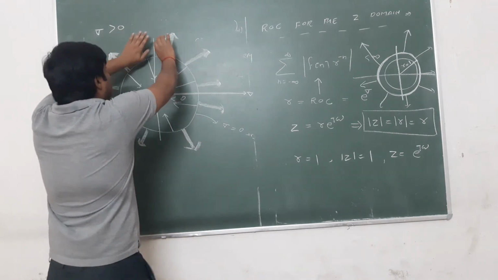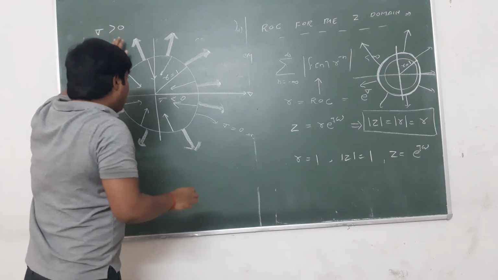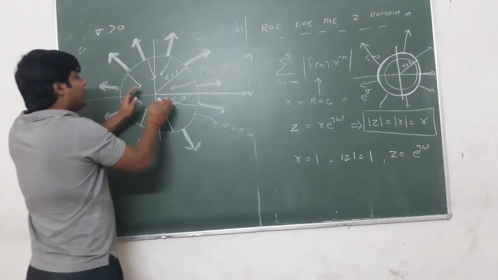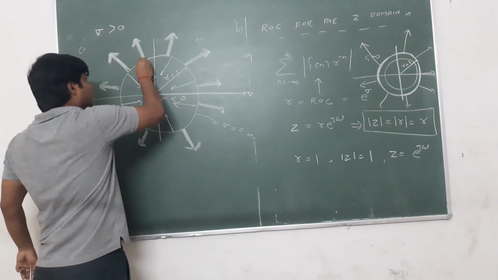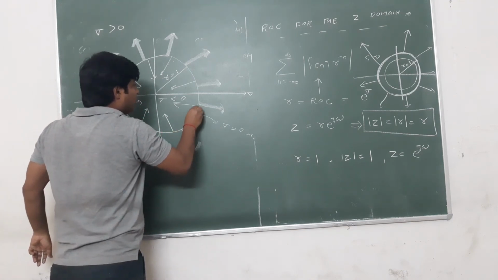This outer region is valid for sigma greater than 0, and this entire region is valid for sigma less than 0, and this is the unit circle for sigma equal to 0.